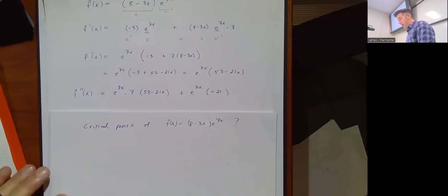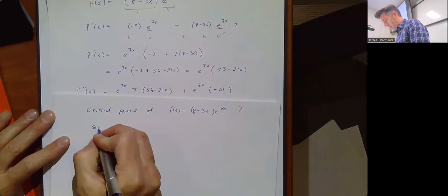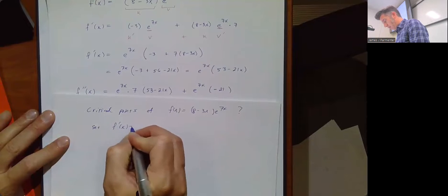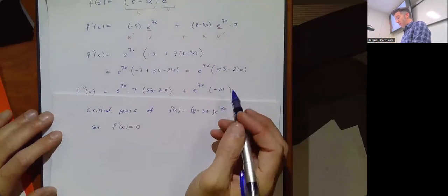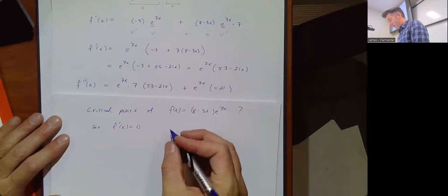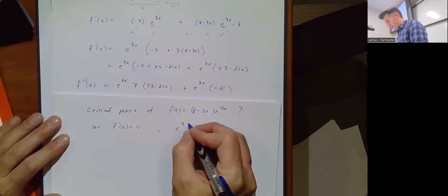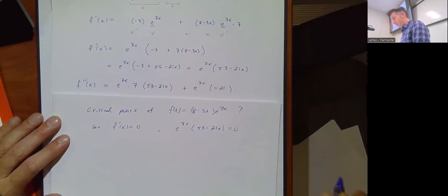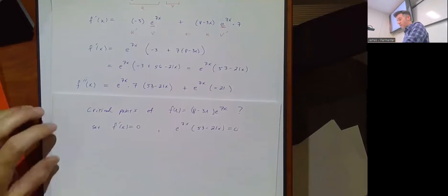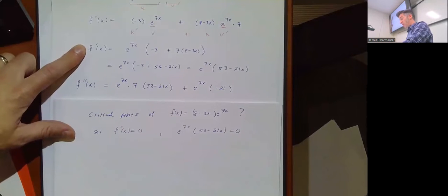So we find them by setting our derivative equal to 0, which is good that we already simplified our first derivative, right? If we look at our first derivative, we've got e to the 7x times 53 minus 21x equal to 0. That's much easier than having to first deal with this version of it right here.